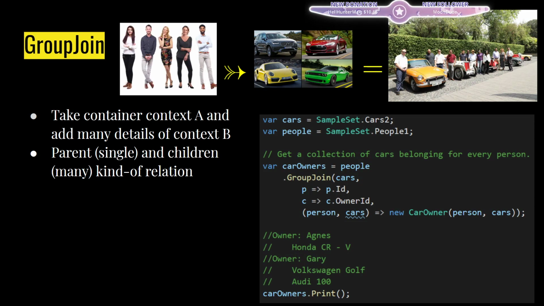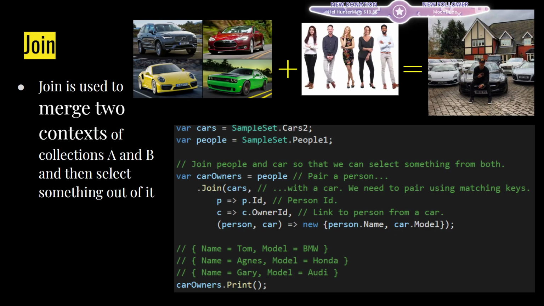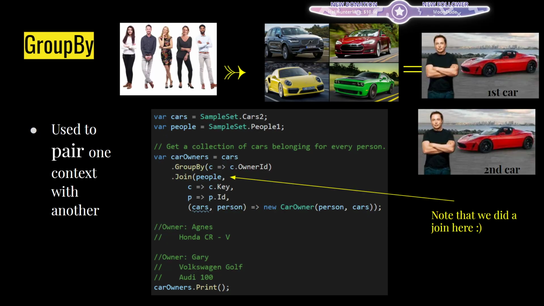Yeah, exactly. Group join and group by are grouping stuff. From a flat structure, they group it. They create relations and collections, one-to-many relations. Though join is supposed to be something that creates pairs, and group by is something that creates basically a group from its own context.